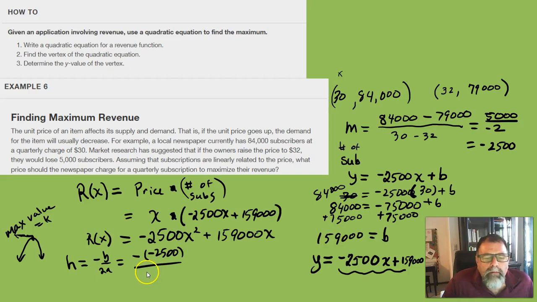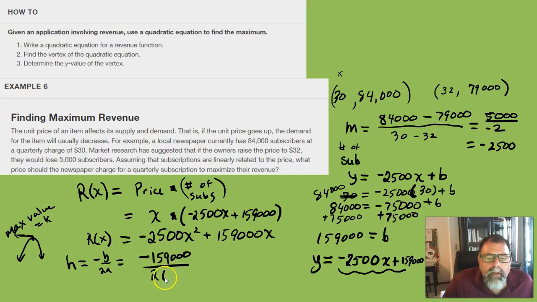And then, oh, that's not B. Darn it. Minus B. So B is negative 159,000. B is 159,000 and the opposite of that, so it'll be negative.